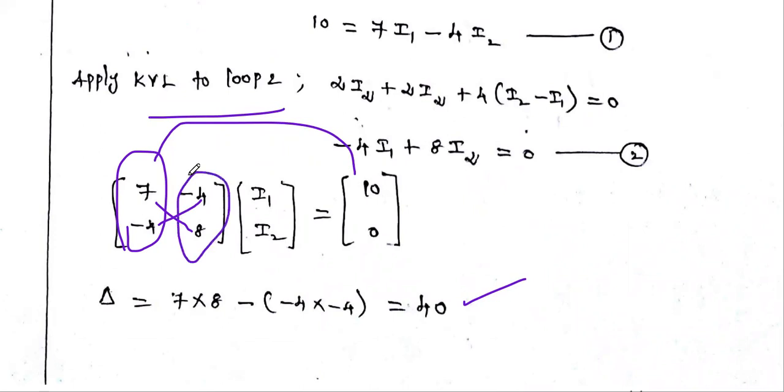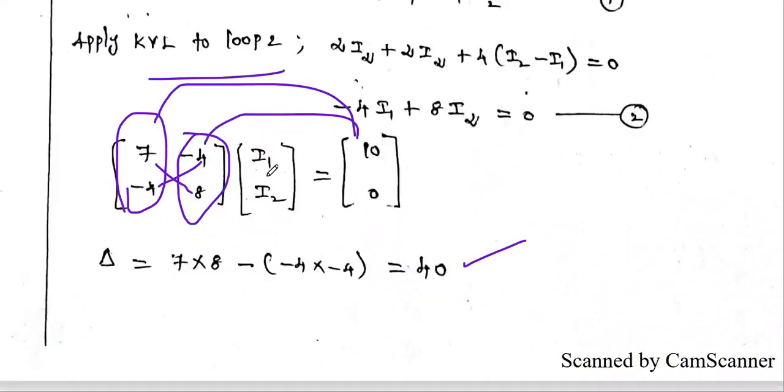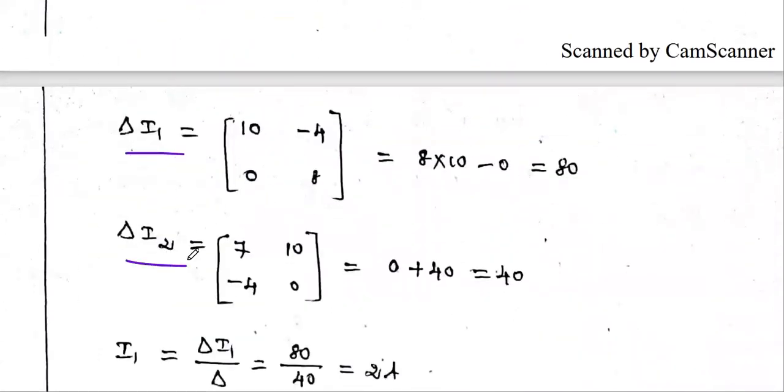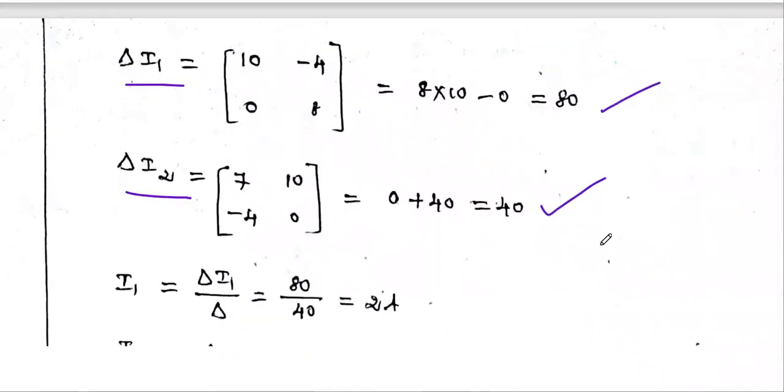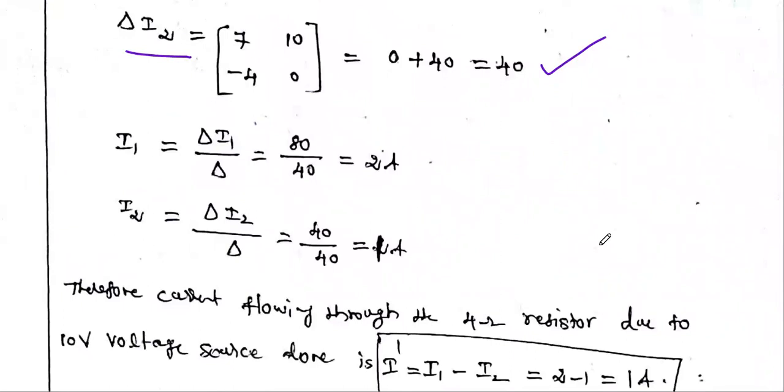If you replace the second column by the constants, we get del I2. So del I1 is 80, del I2 is 40. After calculating del I1 and del I2, you find I1 and I2. I1 is 80 divided by 40, 2 amps. I2 is 1 amp. So I1 and I2 are calculated.